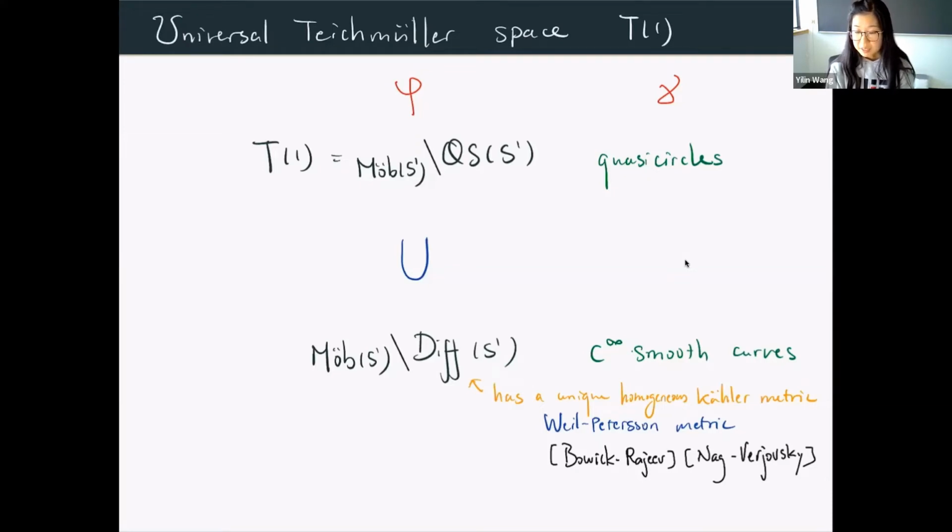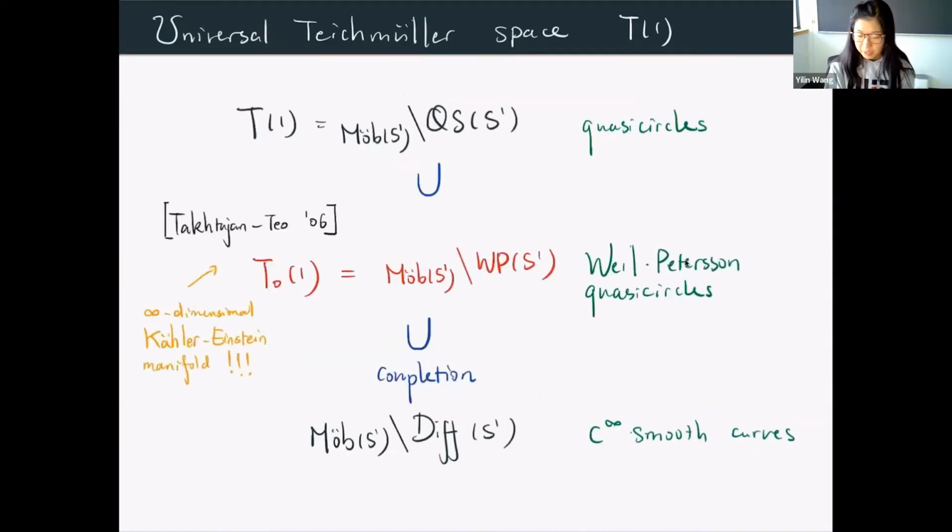And this Kähler metric is called the Weil-Petersson metric. It's essentially unique, just up to a scaling factor. And being Kähler just means that it's a three-compatible structure: a Riemannian metric, a symplectic form, and also the complex structure.